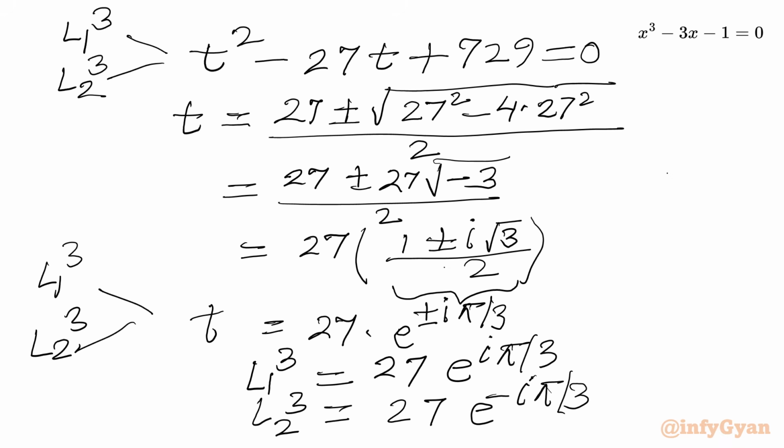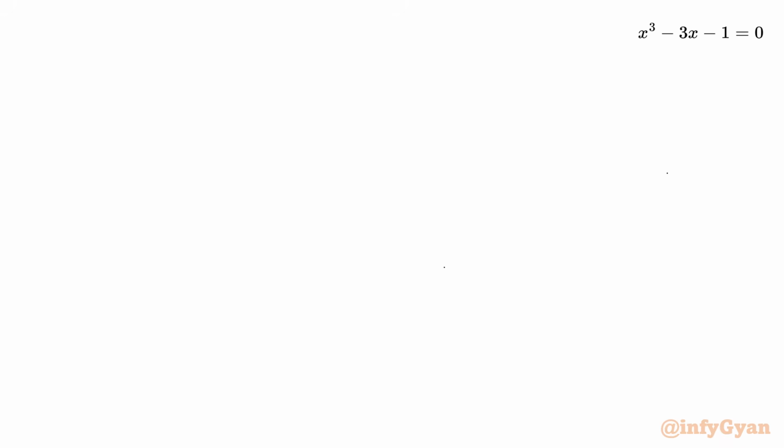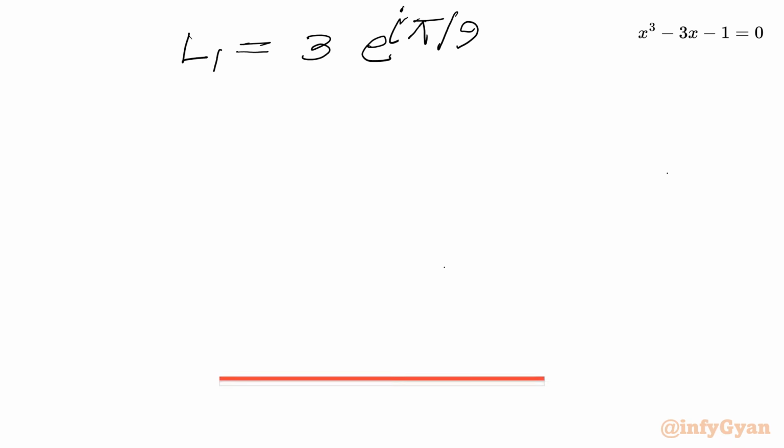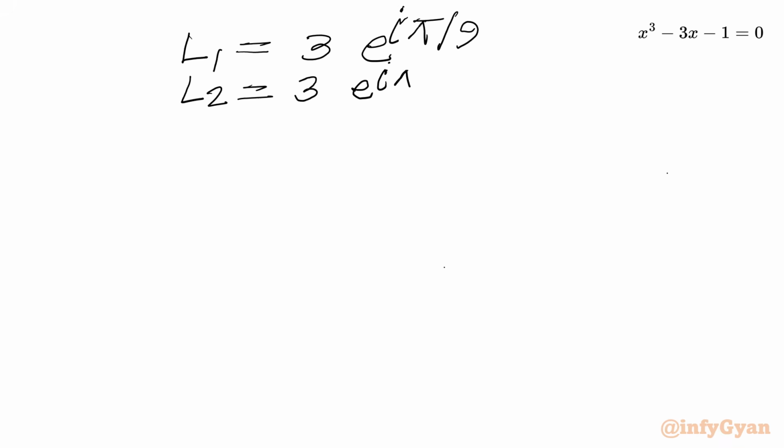So we will take the cube root on both sides. So L1 will become the cube root of 27 and the cube root of e power i pi over 3. So L1 will become 3 times e power i pi over 9 and L2 will become 3 times e power i pi over 9 with minus sign. So we have L1 and L2.